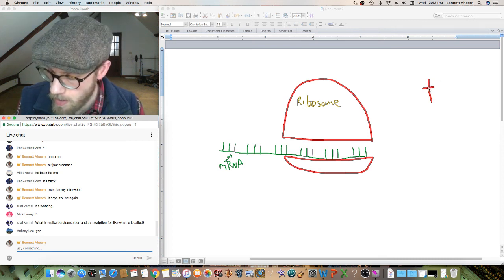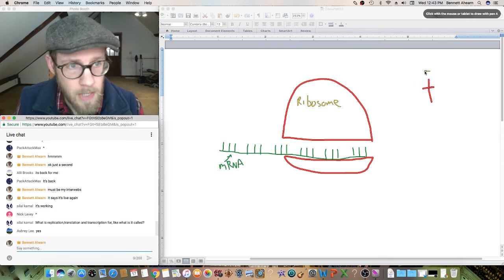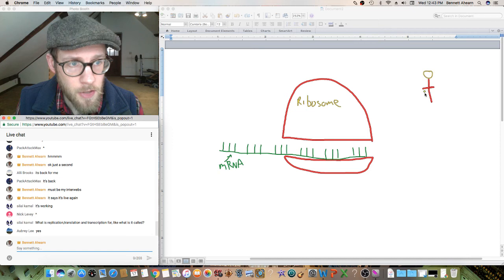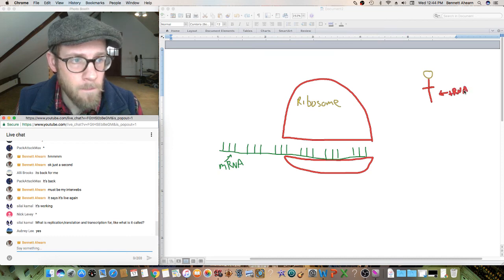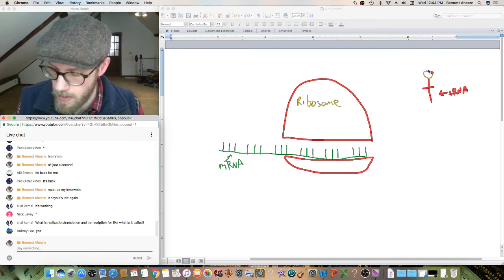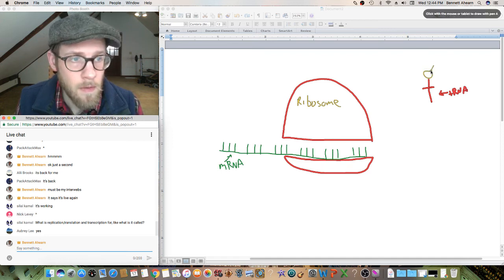The tRNA molecules carry, just like the sous chefs, ingredients with them. These ingredients are the amino acids. So this is tRNA, and this here is my amino acid. We'll abbreviate that AA for short.